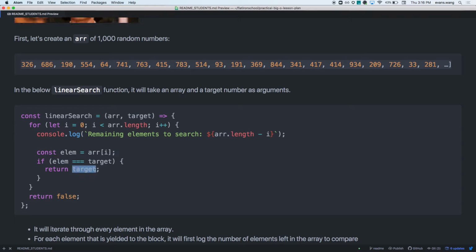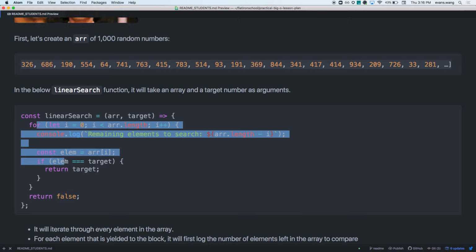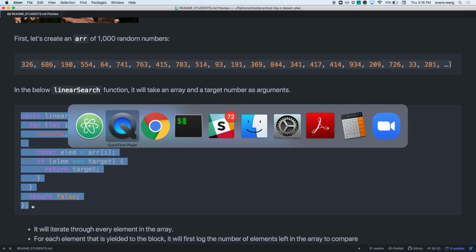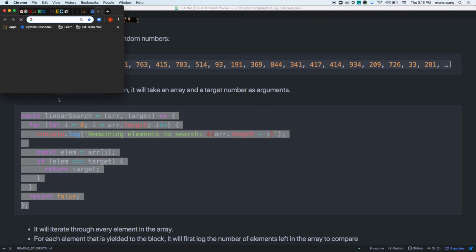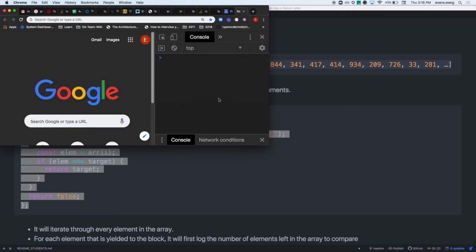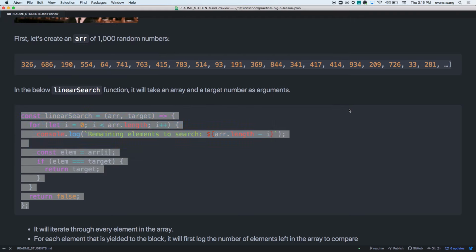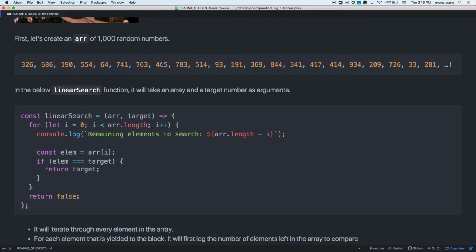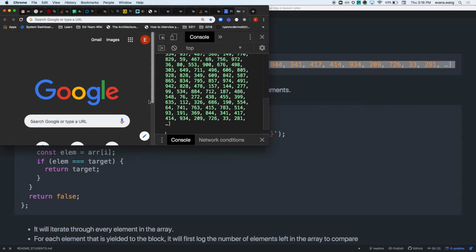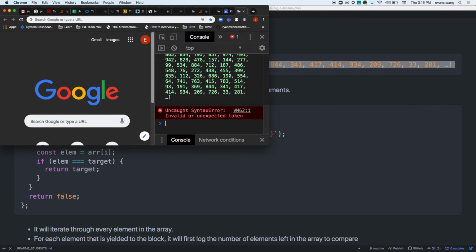If it is, give me the target. Otherwise, it's no good. Keep going. Cool? So if I were to actually take this function and go into any sort of browser, because the browser just runs JavaScript, right? Powerful. With that, and I would take, oh my goodness, array. Oof, wow. Oh no.